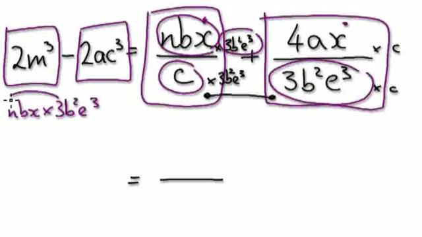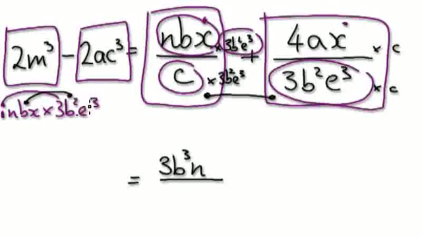So number times a number, this is just a 1 here, so it would be 3. And then there's no b times a b here, so that would be b to the power of 3. And there's only one n, so it's just going to be n in here.